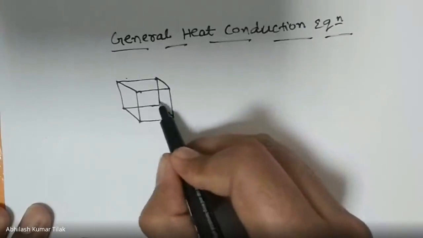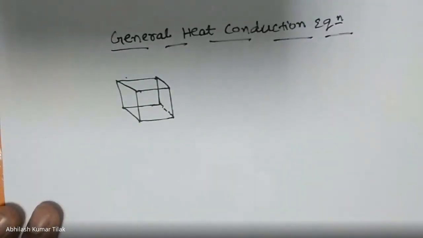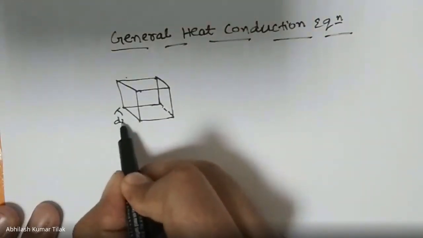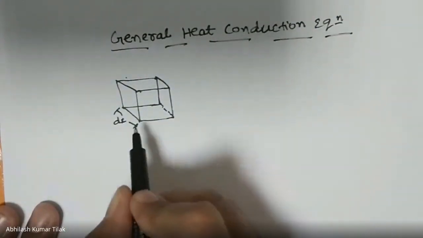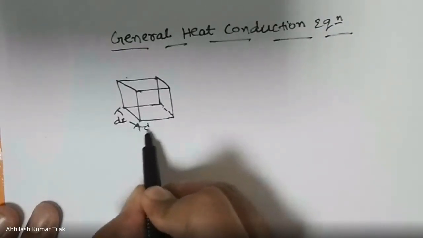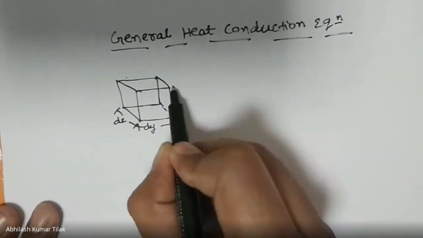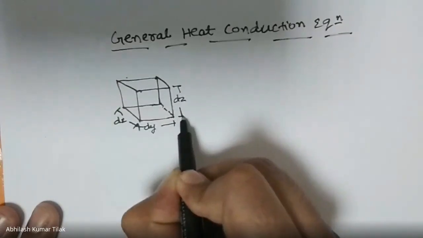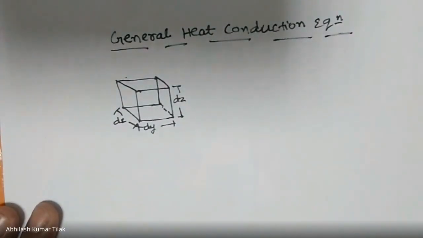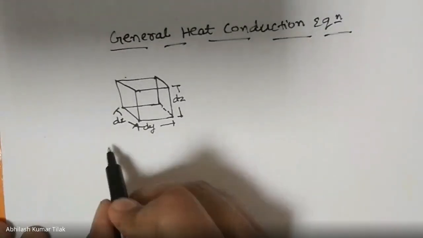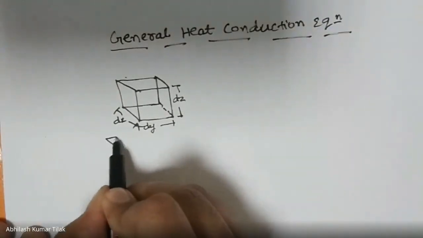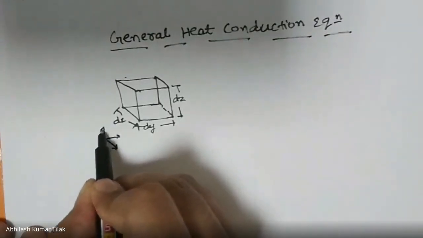It has length dx, width dy, and height dz. So this would be dx, this is your dy, and this is your dz. This is a rectangular element, and the respective directions are x, y, and z.